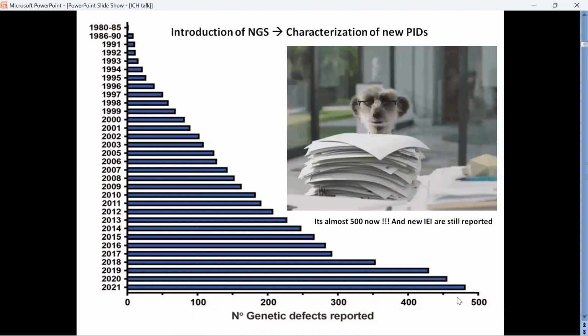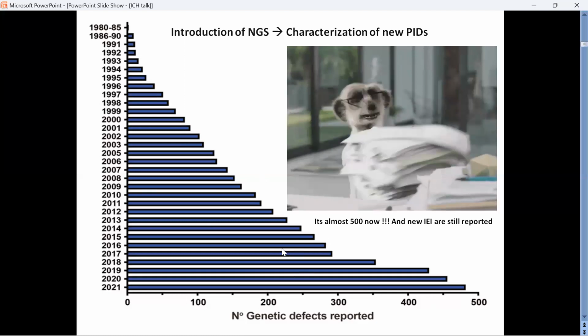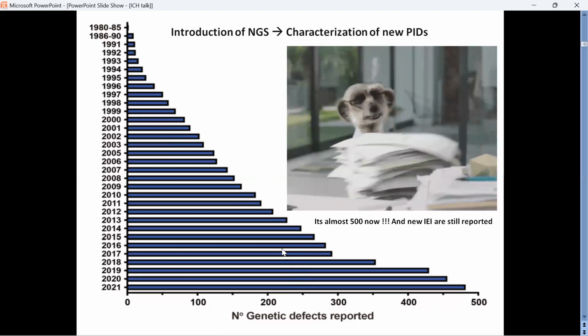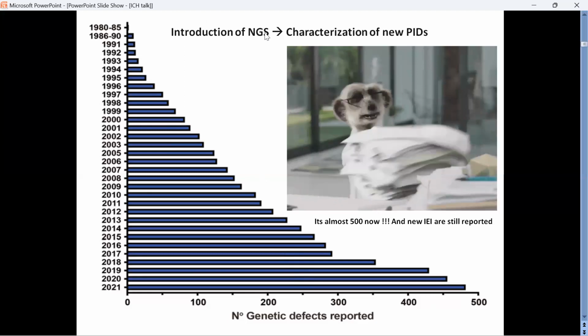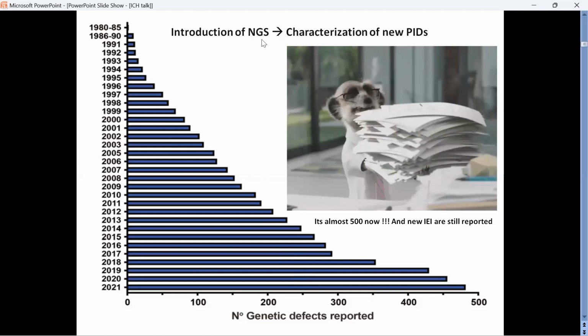Though they are grouped under 10 categories, we have almost 500 different PIDs due to different genetic defects. So the numbers are increasing day by day, all because of the introduction of next generation sequencing, which is picking up novel mutations in suspected cases of immunodeficiency.